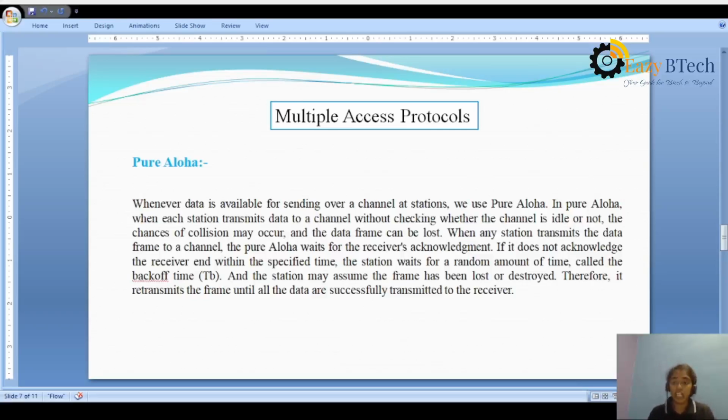When any station transmits the data frame to a channel, pure Aloha waits for the receiver's acknowledgement. So this is the pure Aloha acknowledgement.